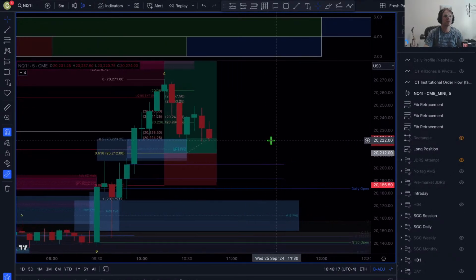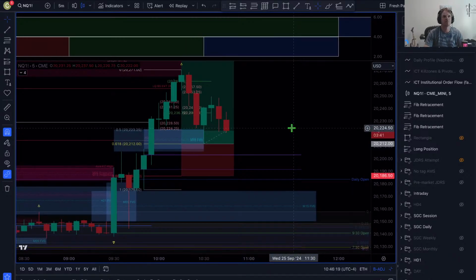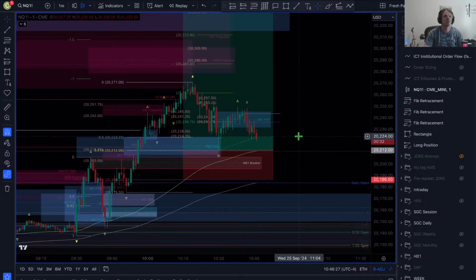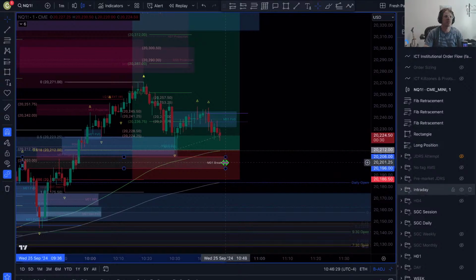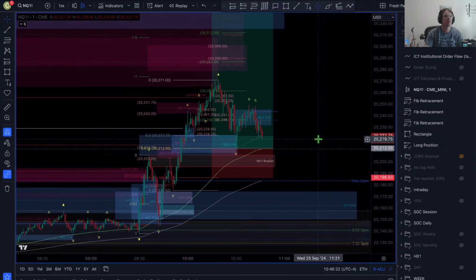Here's potential sweep. I actually pulled my trade off. If it comes back down and tests, I'll look for a confirmation entry.